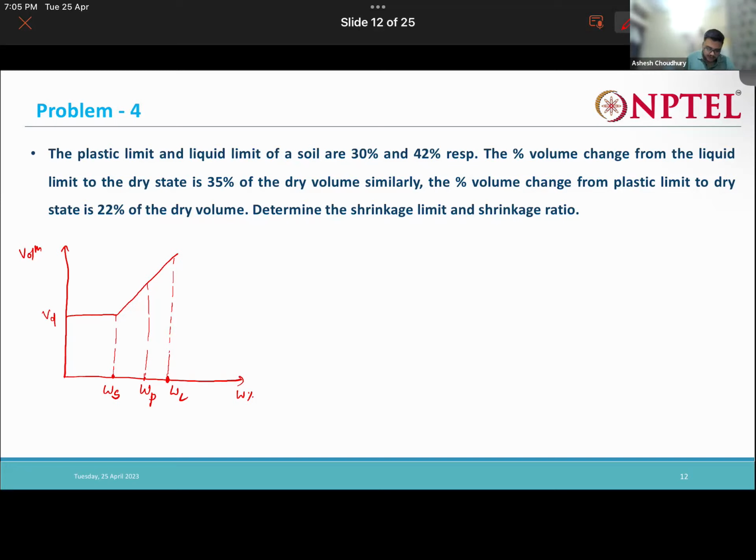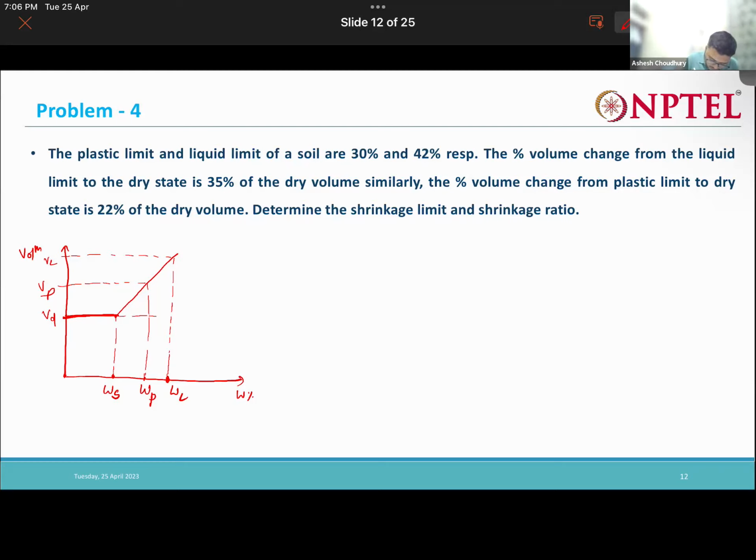You know that as we cross the shrinkage limit in the backwards direction, the water content is 0. So this is the dry volume. So here to here the volume remains constant. Here till here it's totally saturated and here it becomes completely dry. So we can write this as the volume at plastic limit, and this as the volume at liquid limit.